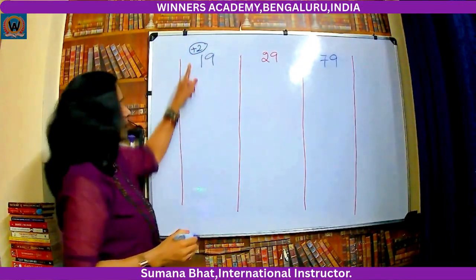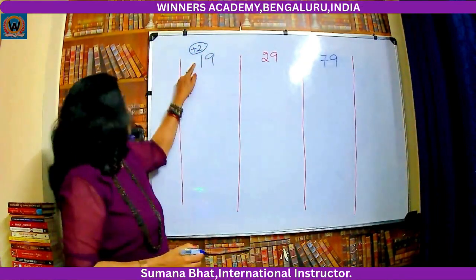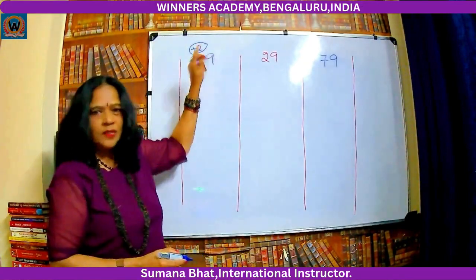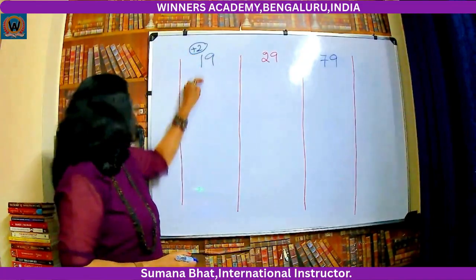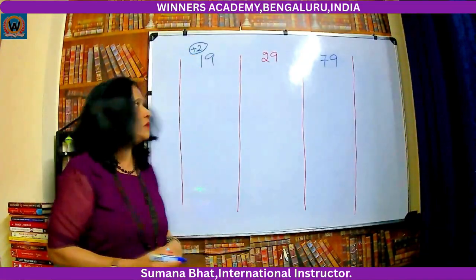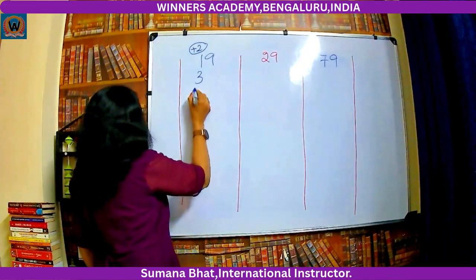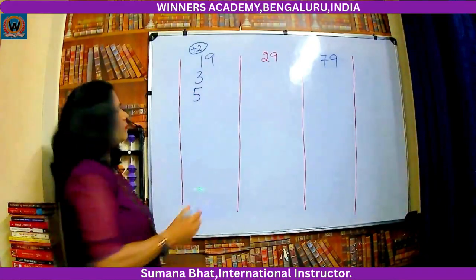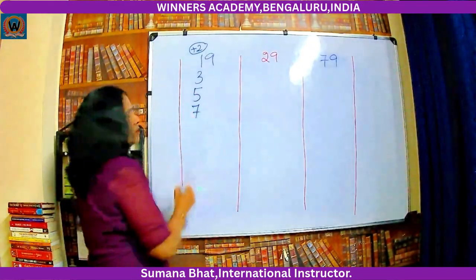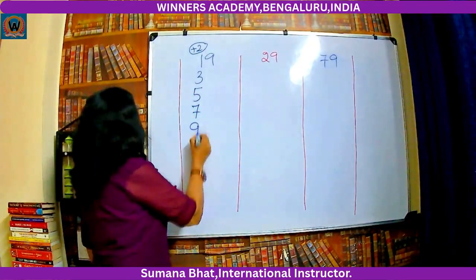1 we have added, it has become 2 now. Means whatever the number is, take the next even number. So that is 2. In each step you have to add that 2. 1 plus 2, 3. 3 plus 2, 5. 5 plus 2, 7. 7 plus 2, 9.